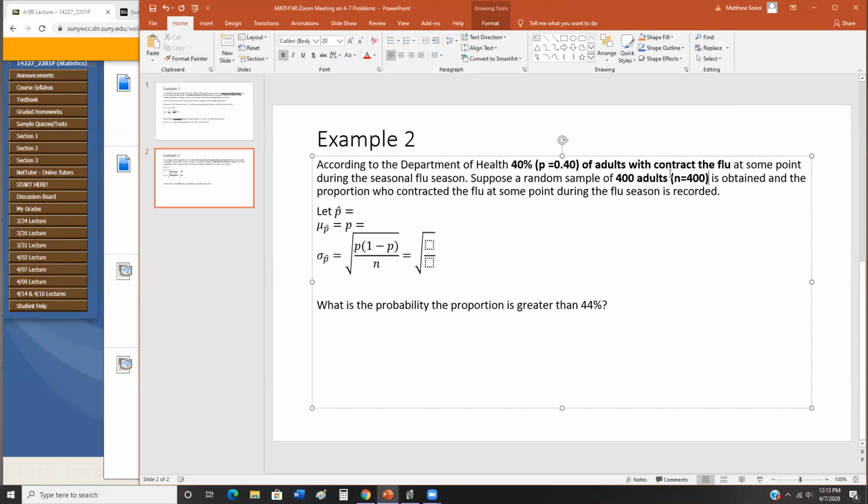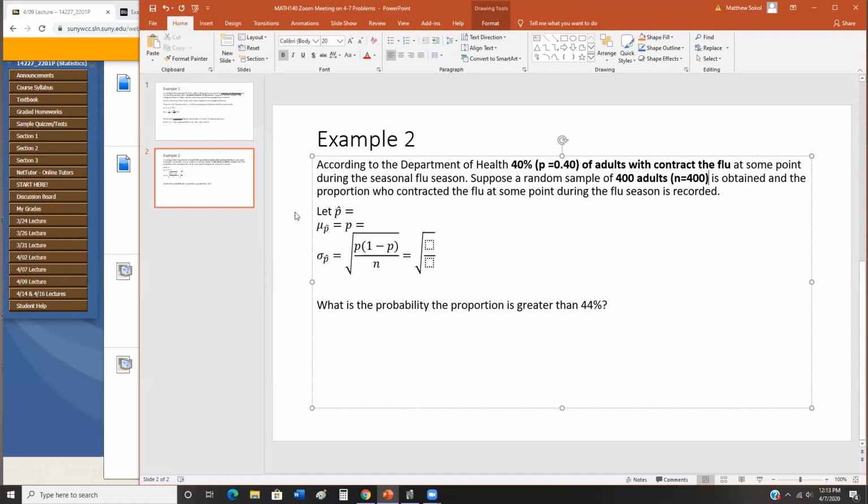When I talk to 400 people, do I know exactly how many of them, and by extension, what proportion of them will have contracted the flu? Yeah, no, I don't know how many of the 400 are going to contract the flu. We'd expect 40%, right? But I don't know exactly. It probably won't be exactly 40%.